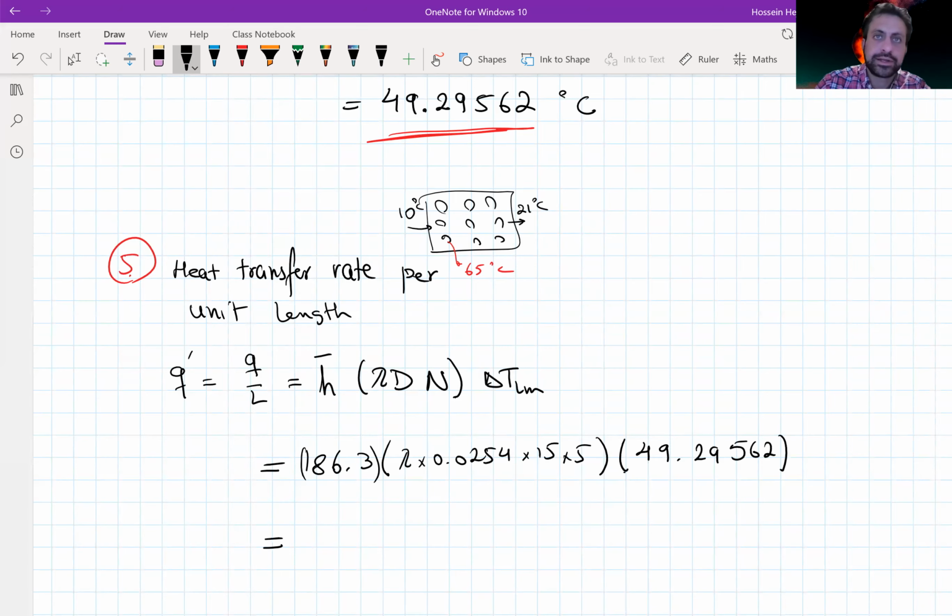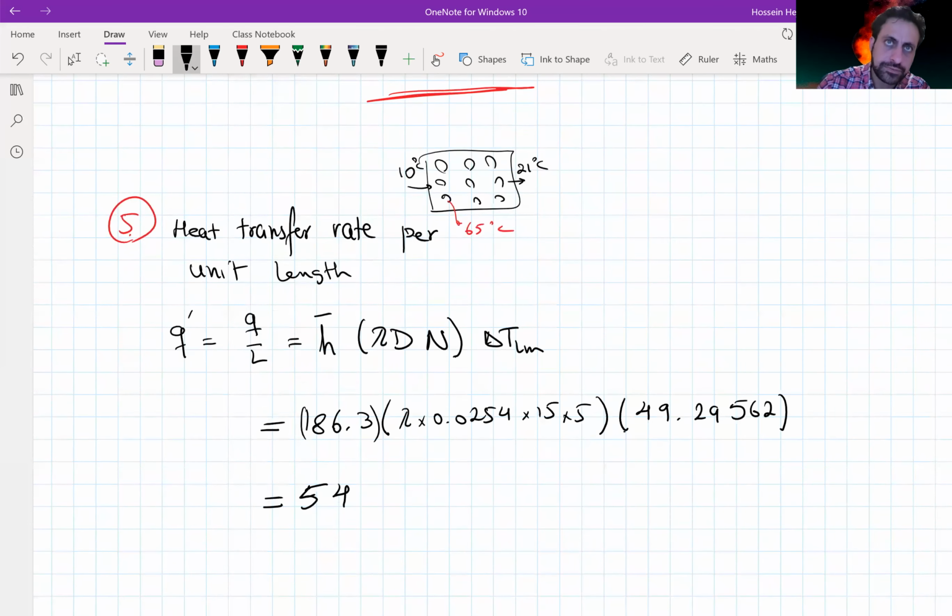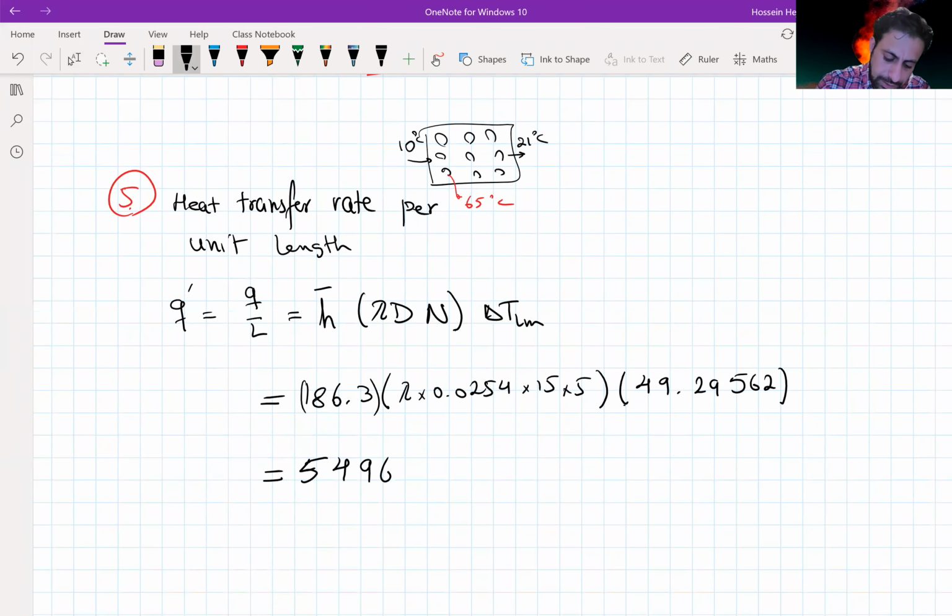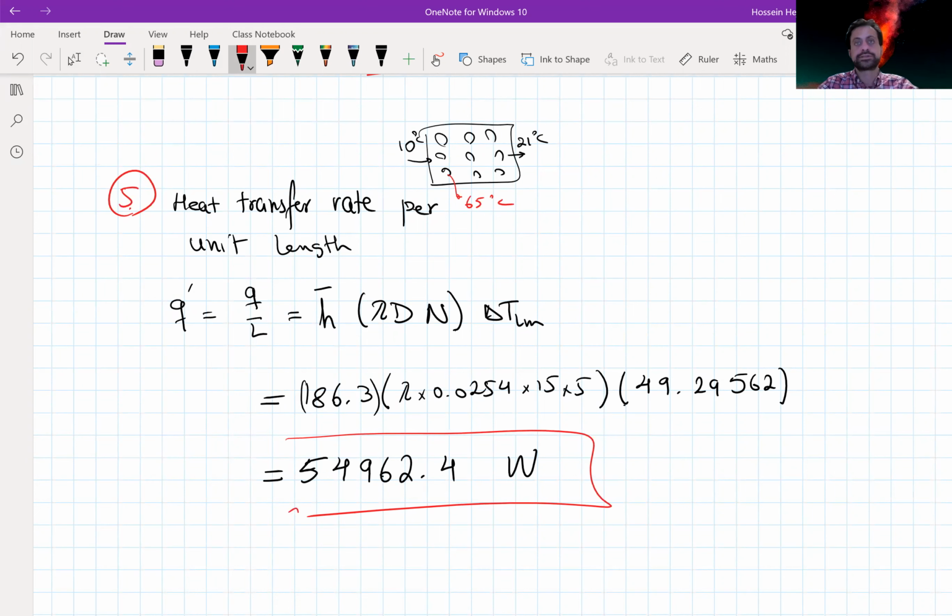And if you do the math, it's going to be 54962.4 watt, or 54.9 kilowatt. This is going to be the rate of heat transfer per unit length of tubes in this heat exchanger, or in this bank of tubes.